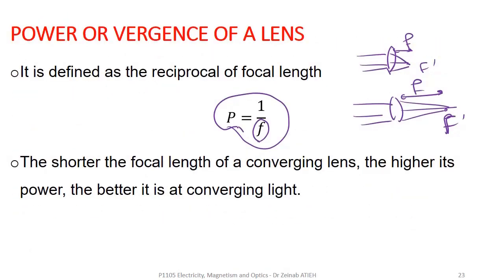So the power is equal to 1 over F. Of course F has the unit meter, and P has a unit delta, sometimes we call it V, which is vergence. Okay, V or P, the unit is a small delta called the diopter, and F has the unit meter. We will talk about them in the second part of the lecture.